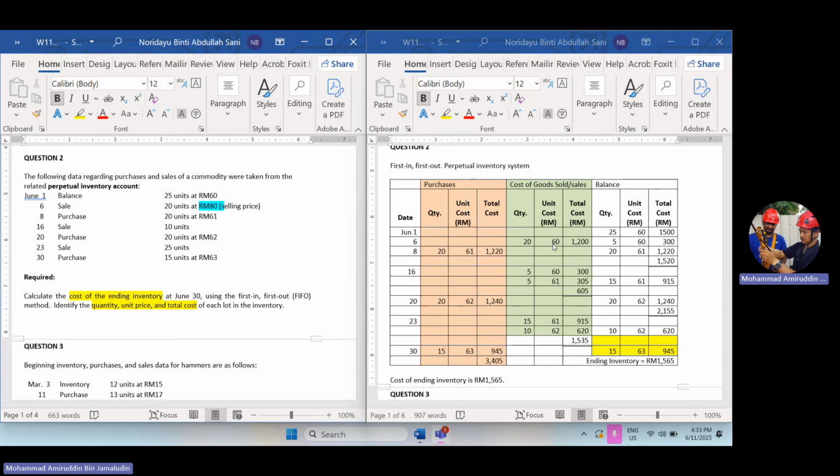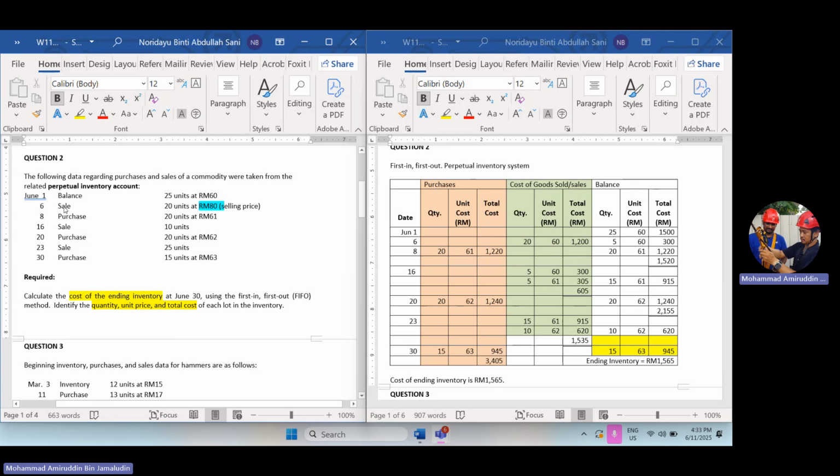So please be clear on this, because the moment you make a mistake for one sale, it's a domino effect. Definitely your total mark here is wrong. But actually, you know well how to do this stock count. We give you a little trick only in the exam. Please don't use the selling price for the sale transaction. Use the purchase cost.